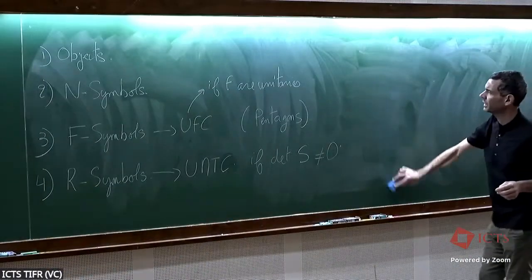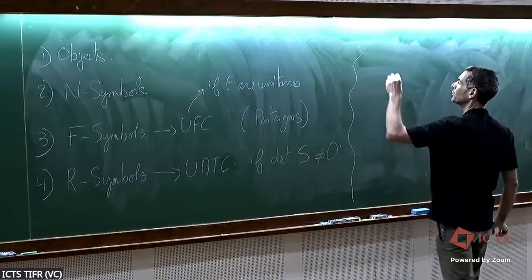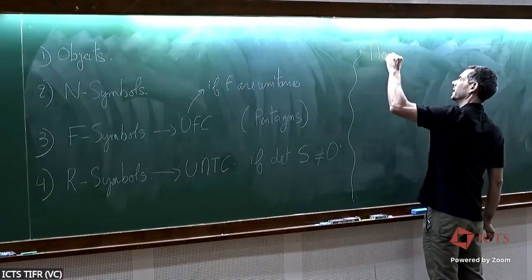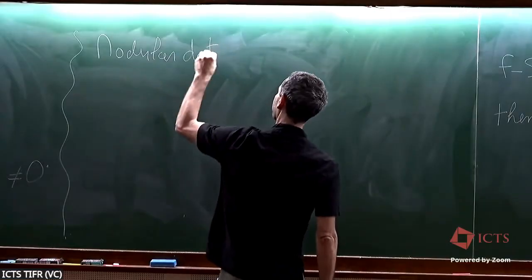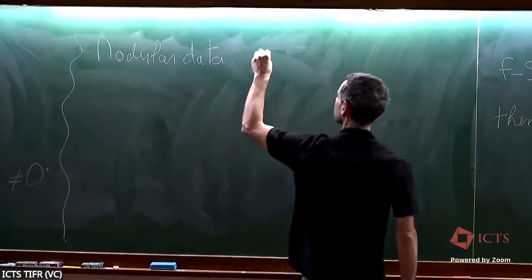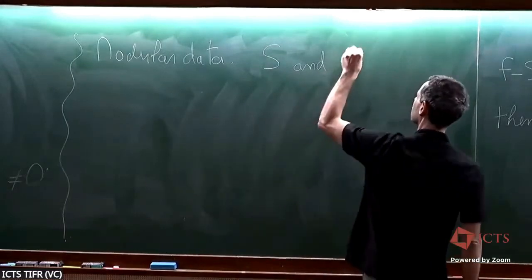And then I told you that there were some important quantities in the game, which are called the modular data. And what are the modular data? They are the S and T matrices.